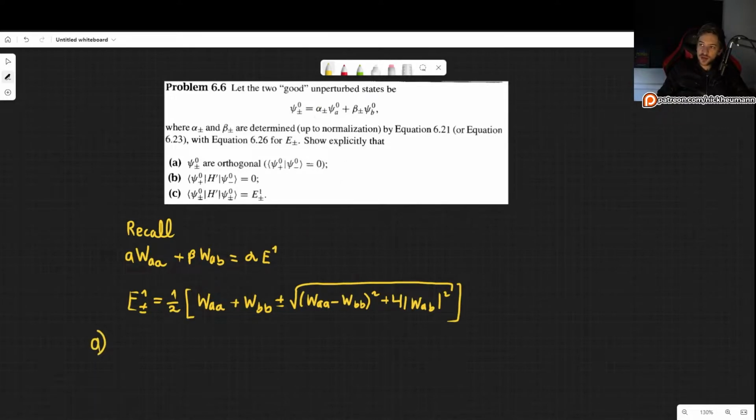So if we have just one state with two good unperturbed states, let's see. So the inner product of psi plus 0 with psi minus 0 is equal to, now we just copy this.